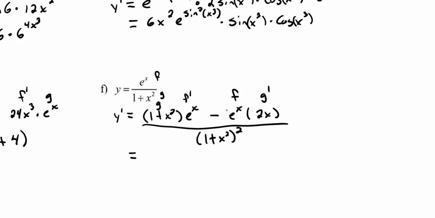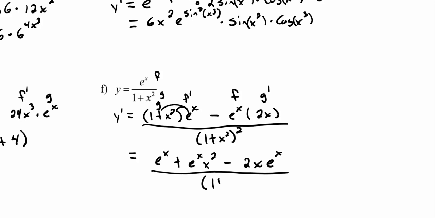Okay, so I'll factor out an e to the power of x in the numerator there. Actually, no, I better show this next step. Let's expand that e in, right? So we've got e to the power of x plus e to the power of x times x squared, minus 2x times e to the power of x, all over 1 plus x squared squared.